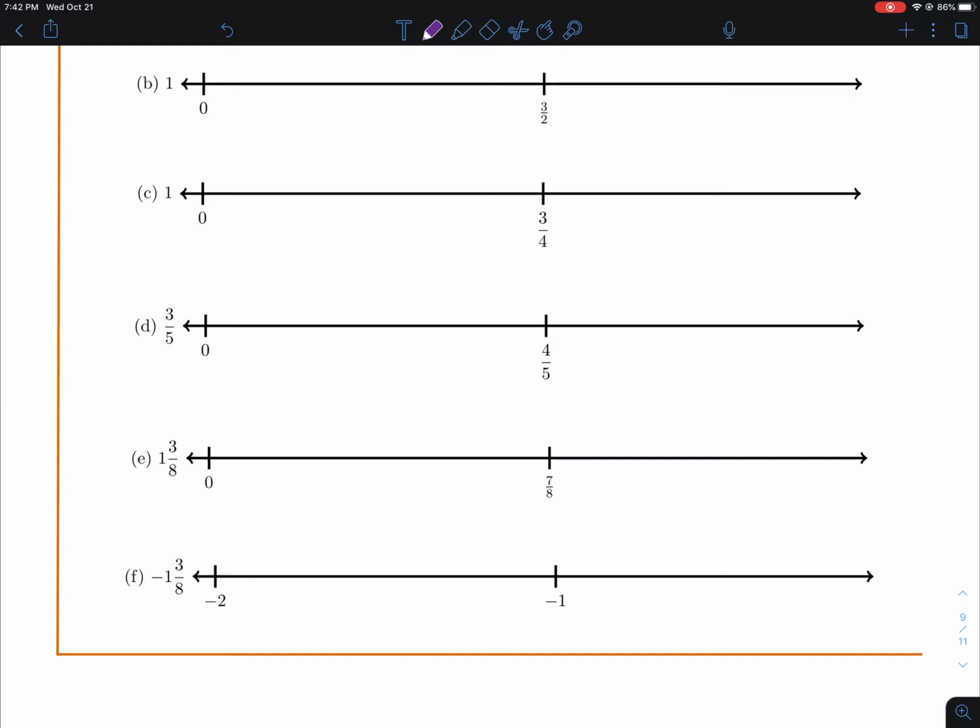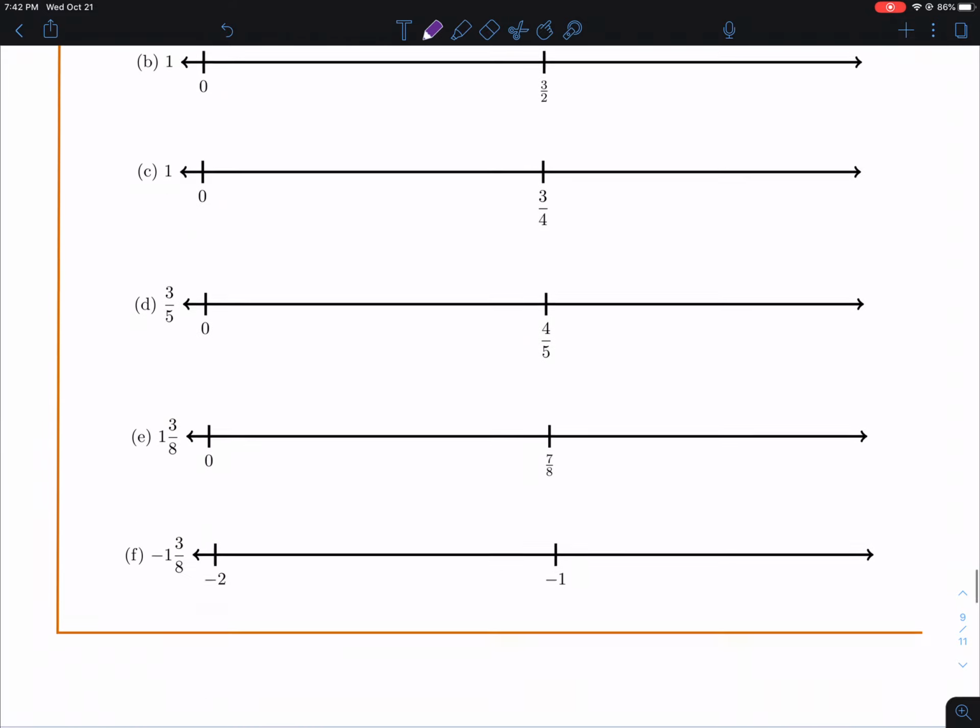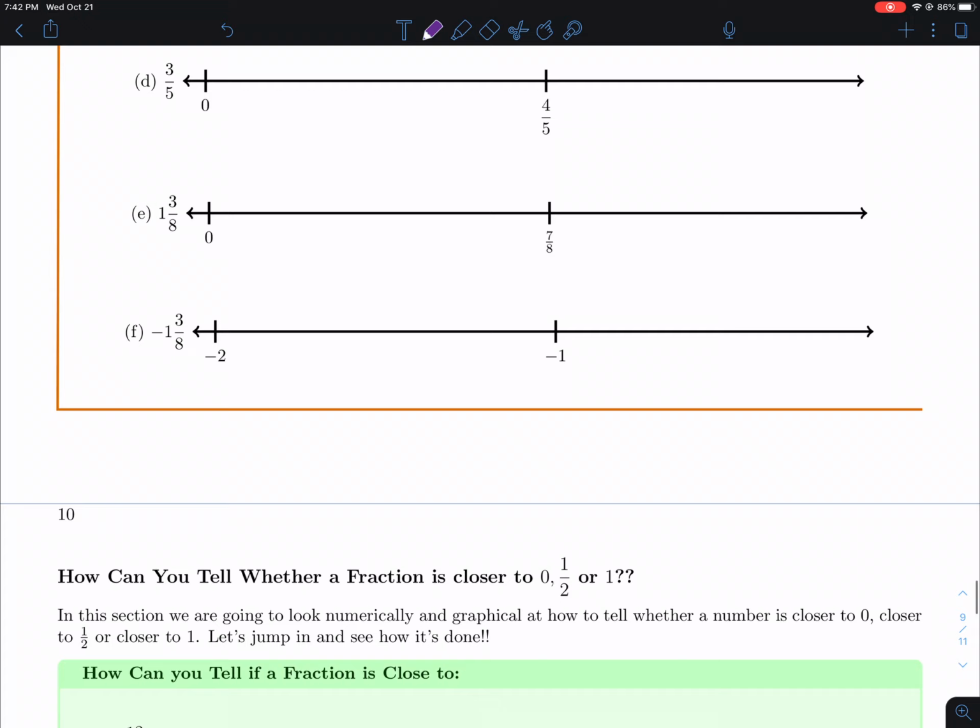Figure out what the bottom number needs to be so you know how many tick marks you are. Use that top number to help you figure out how many tick marks between here and there. So again, if you're having trouble on this problem, just let me know so we can talk about it and make sure we end up on the right track. So again, at this point, pause the video. And then when you're done, come on back and we'll finish up this section.